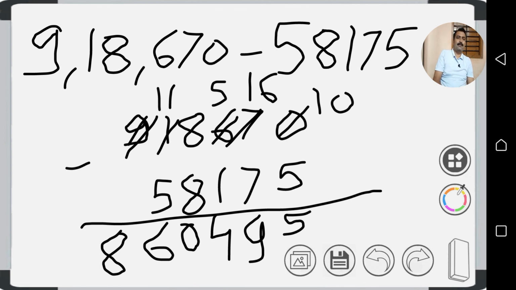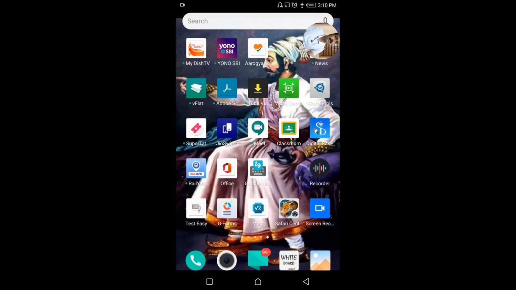Now this method that I am showing on this whiteboard, you have to follow in this 5th standard. That's why here I am taking the next part. Now we are coming to our main part.